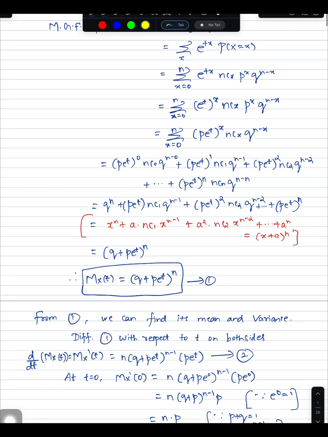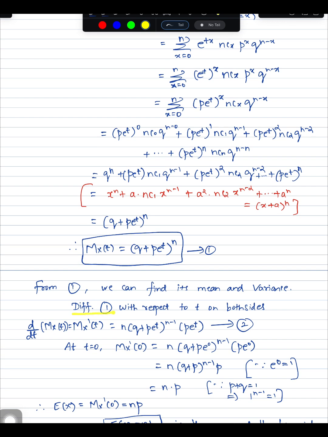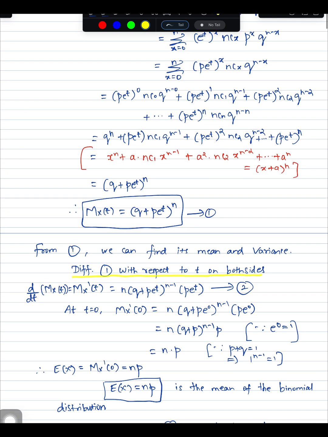Now from equation number 1, that is the moment generating function, you differentiate this M_X(t) with respect to t one time, and you substitute the t value as 0, you will get the mean. So that is what we are going to do in the next step. So differentiate 1 with respect to t on both sides.